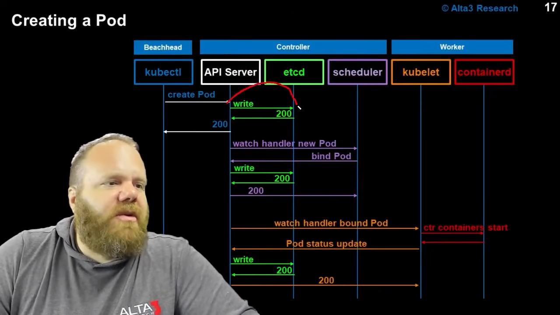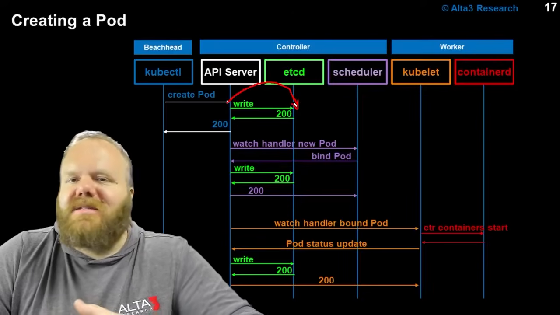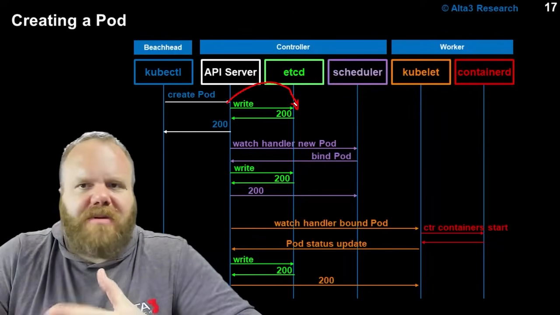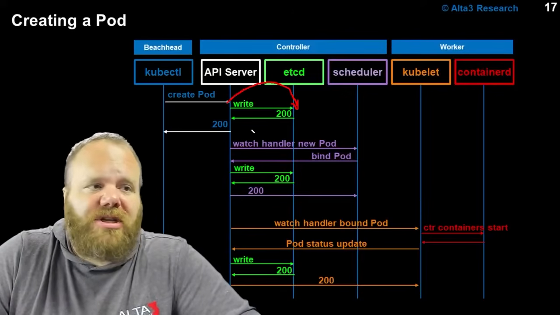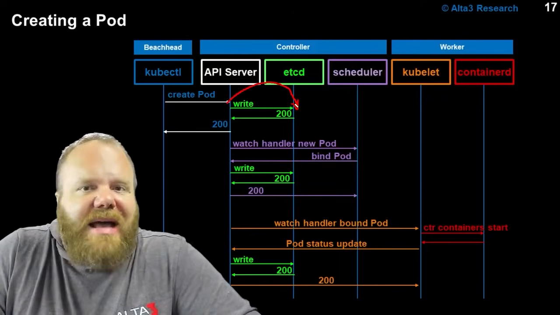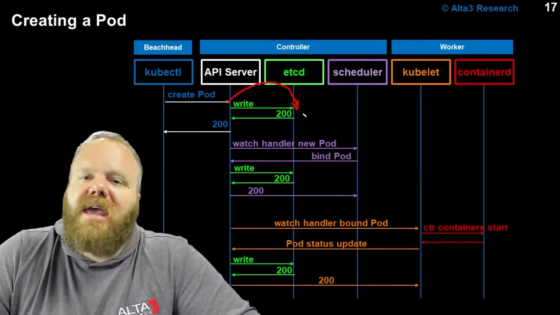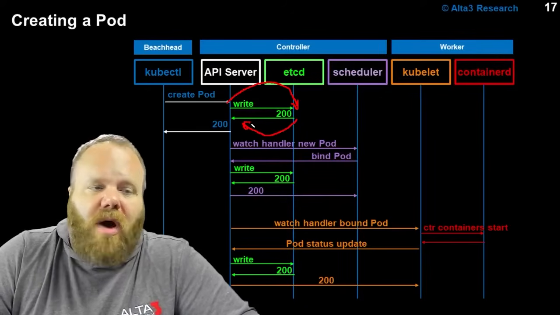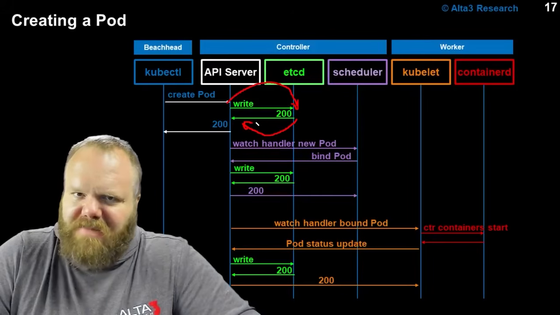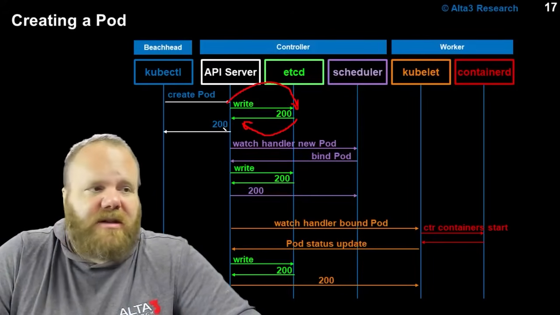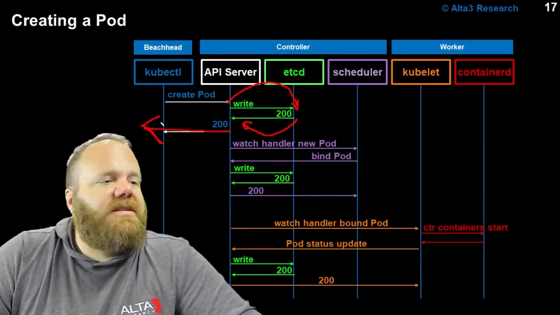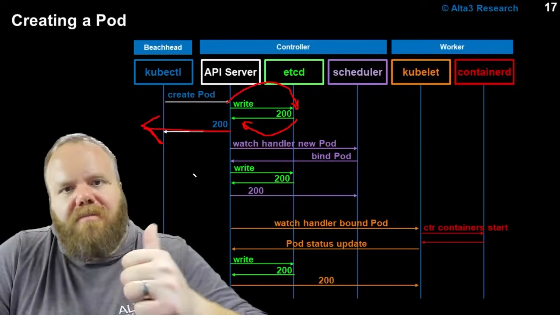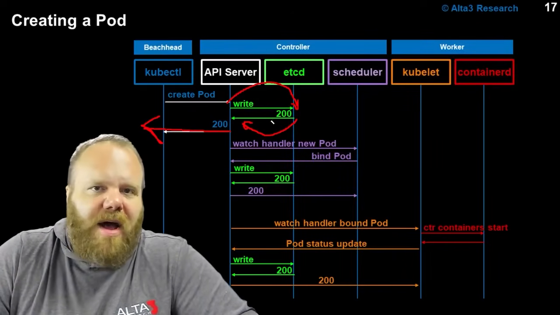The API server will then turn to etcd, and assuming it doesn't just reject your pod plan outright because there might be typos or you might not have authorization, yada yada, if it passes all that, then it will tell etcd, hey, here's the pod we're going to make. Etcd sends back a response. 200 in HTTP speak means thumbs up. Sounds good. API server then sends a response back to you at your command line saying, yeah, looks good, boss. We're going to go ahead and make that pod.